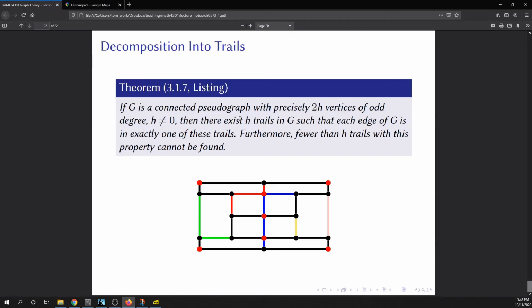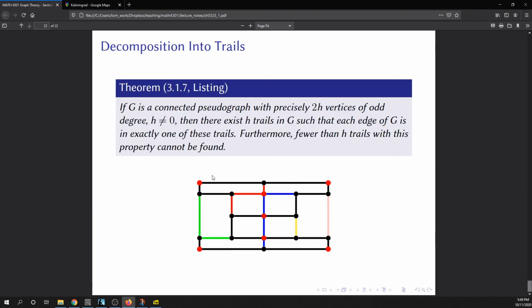It says if G is a connected pseudograph with precisely two H vertices of odd degree, where H is not 0, then there exist H trails, half the number of odd vertices, in G such that each edge of G is in exactly one of these trails. Furthermore, fewer than H trails with this property cannot be found.